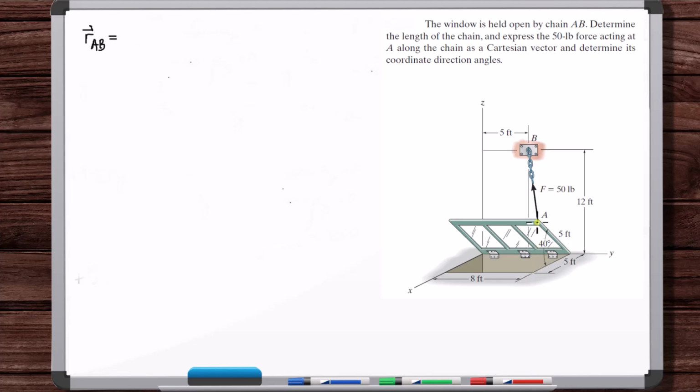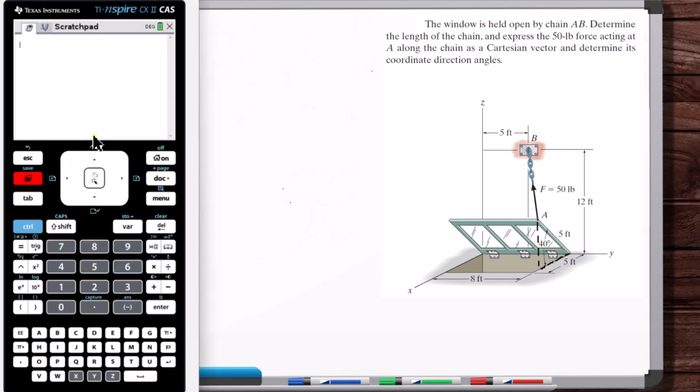We need to use the Pythagorean theorem to get the x and the z coordinate. So the x coordinate is 40 cosine of 5, 3.83.